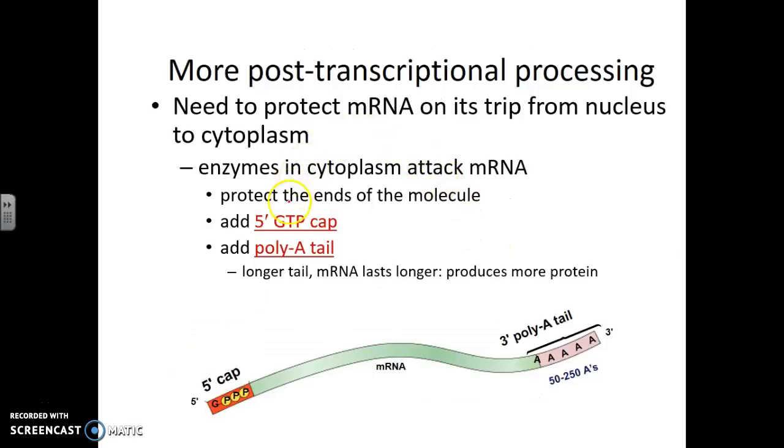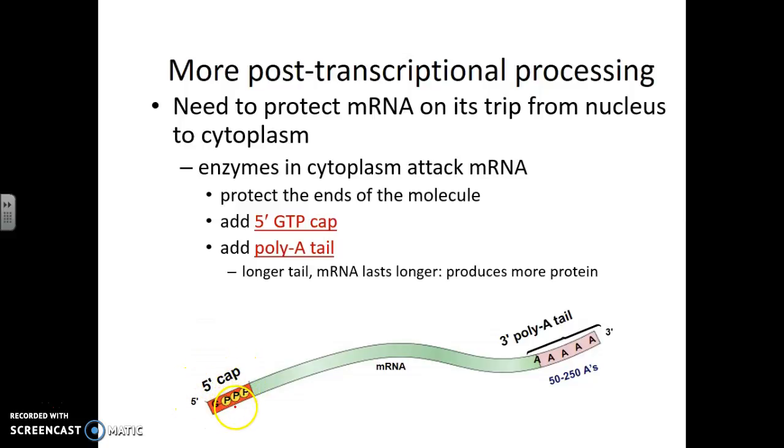Once the mRNA is spliced by the spliceosome, there are two more things that need to happen to it before it can leave the nucleus, so it's protected from enzymes that like to break down mRNA in the cytoplasm. First, a GTP cap is added, which is essentially a guanosine triphosphate molecule added to the 5' end of the molecule. This serves two purposes.